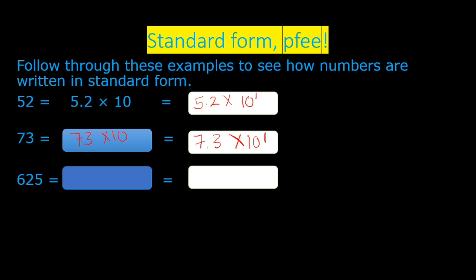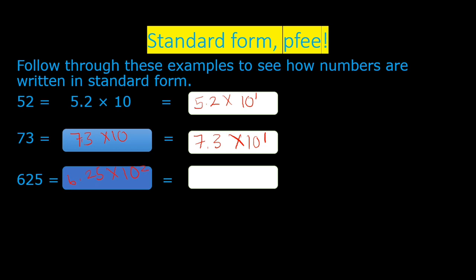625. Now this one is a bit different. You can see that this number is in the hundreds. So to convert it to decimal form, we can divide by 100 to get 6.25. So it will be 6.25 times 10 to the power 2, because we've divided by 100.